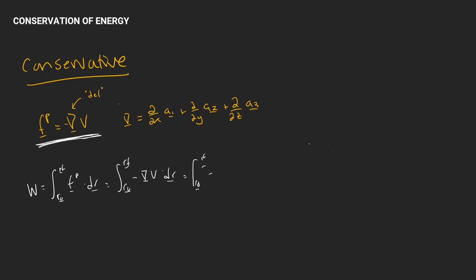Then we can expand this out, so we get negative dV/dx A1 plus dV/dy A2 plus dV/dz A3. And then we can take this dr term and expand that out into its A1, A2, A3 components as well. So this now becomes dx A1 plus dy A2 plus dz A3.